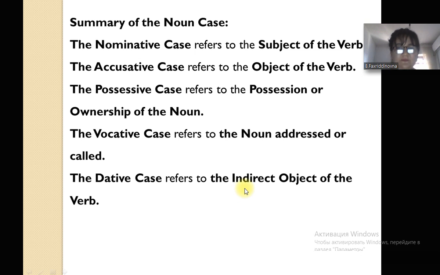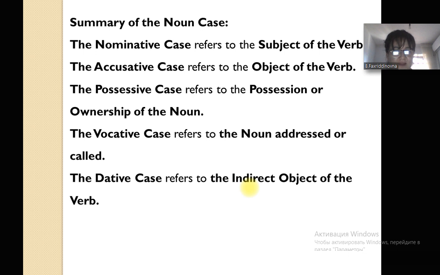Summary of the noun case. Nominative case refers to the subject of the verb. Accusative case refers to the object of the verb, and the possessive case refers to the position or ownership of the noun. The vocative case refers to the noun addressed or called.